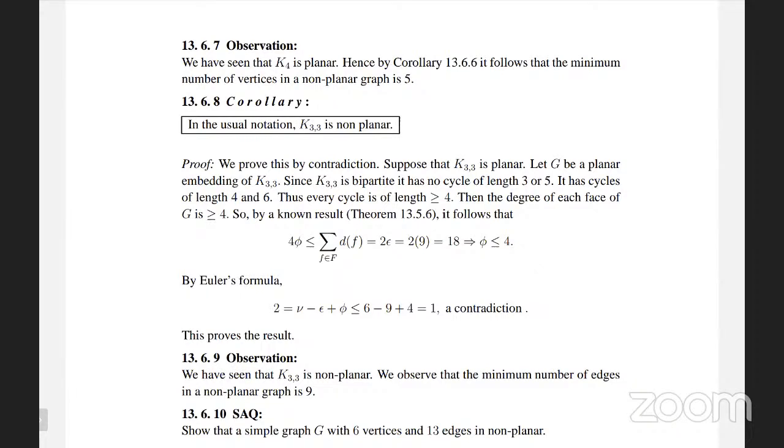So by a known result, 4 times phi is less than or equal to the summation over F in capital F of degree of F, which is equal to 2 times epsilon. So 2 times 9 equals how much? 18. So phi is less than or equal to 4. By the Euler formula, 2 equals V minus epsilon plus phi, which is less than or equal to 6 minus 9 plus 4, which equals 1. It is a contradiction.